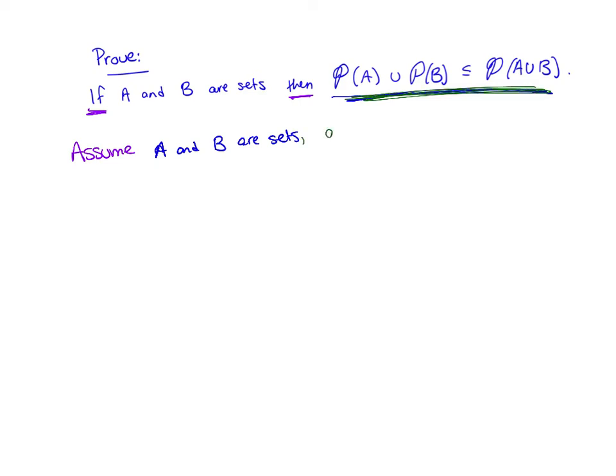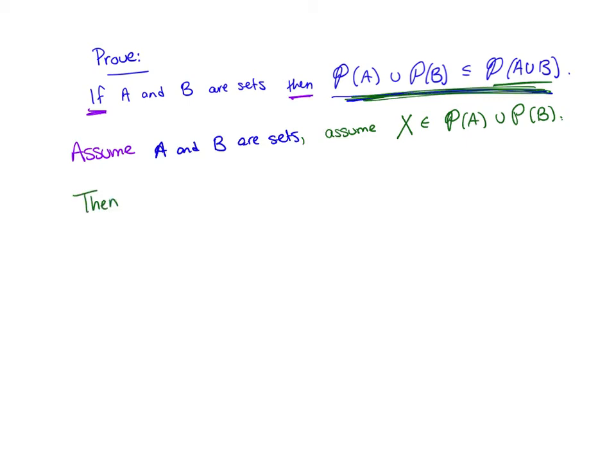So then I should also assume I have some element, let's call it X. I'm going to use a capital X because the elements of power sets are sets. So assume X is an element of the power set of A union the power set of B. What I want to show is that X is an element of the power set of A union B. Well, what does it mean that X is an element of the power set of A union the power set of B?